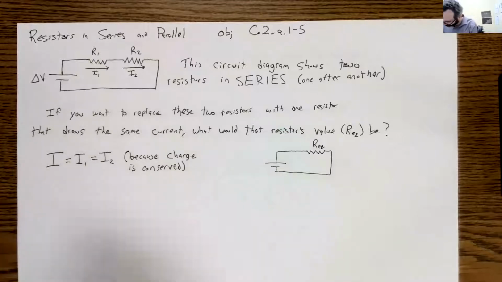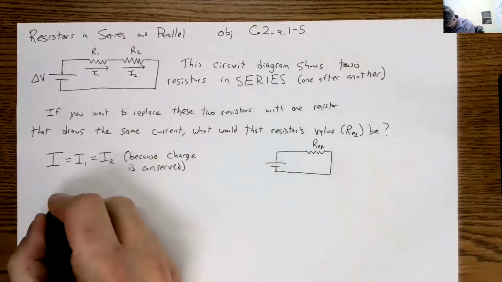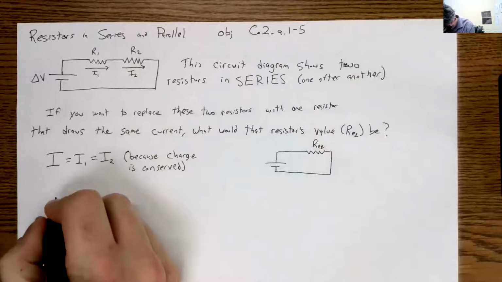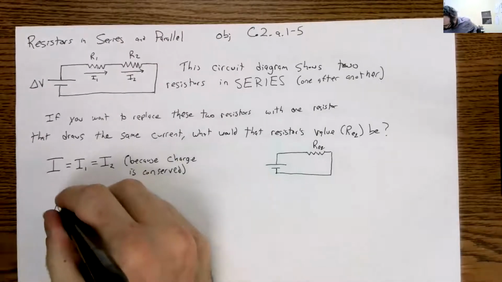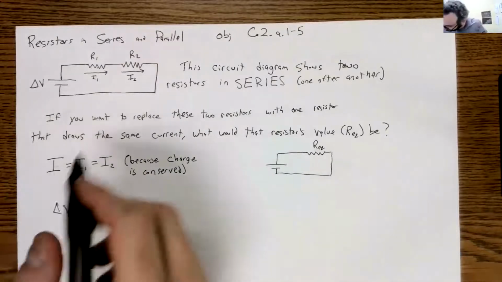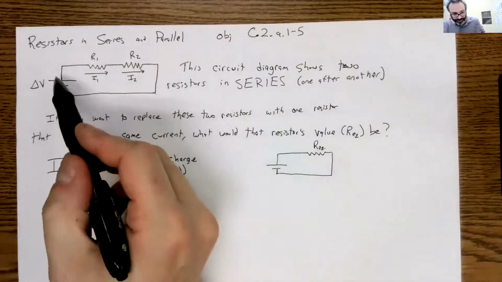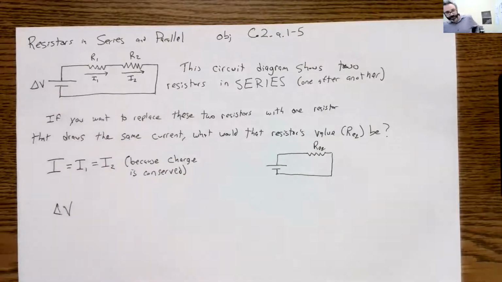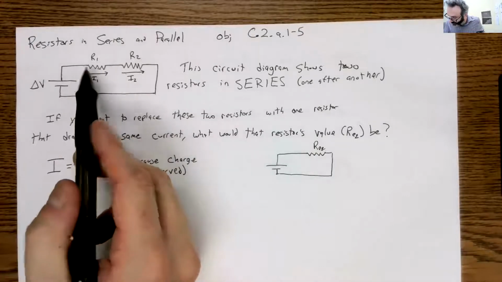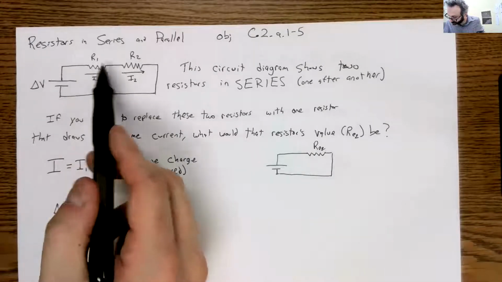Let's look at the potential. We have delta V, the potential across the battery, going from the negative terminal to the positive terminal. What can we say about the potential difference here?